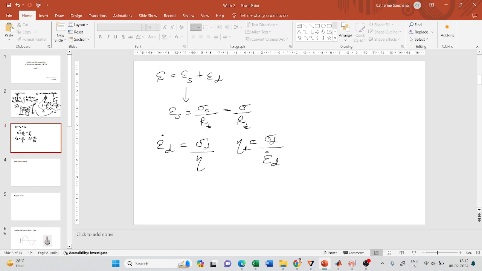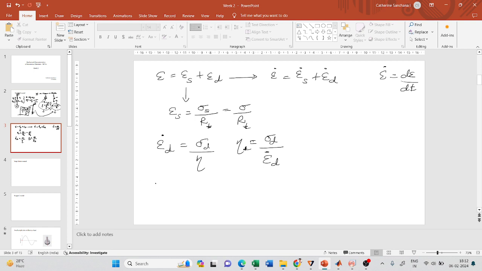Now I know what epsilon is. Since I have epsilon dot here, I am going to write this entire equation in terms of derivatives. I'm going to differentiate the entire equation by t. So epsilon dot is nothing but d epsilon by dt, right?